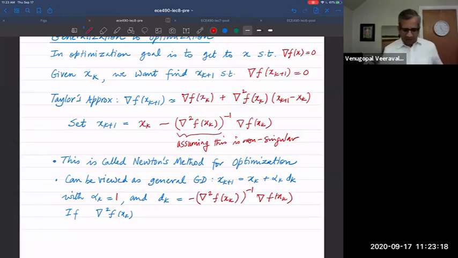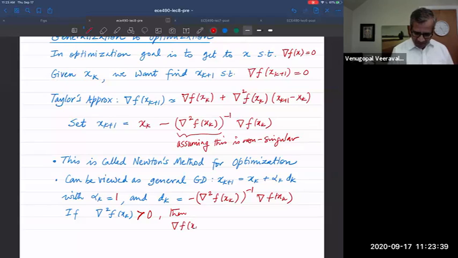Now, if it turns out that not only is the Hessian at xk non-singular, so invertible, but it's also positive definite, then of course we can conclude that the gradient of f of xk transpose dk is negative, which implies that it's a gradient method.